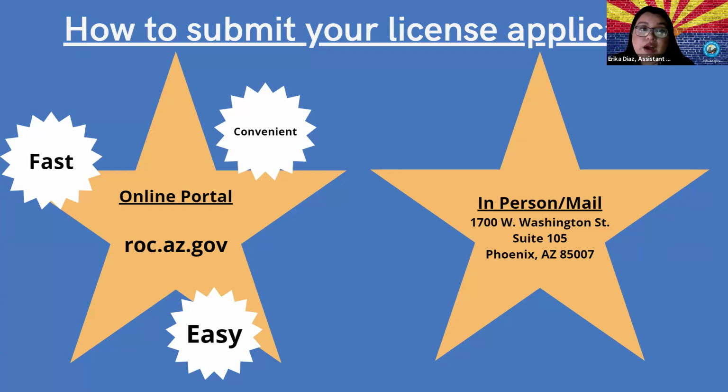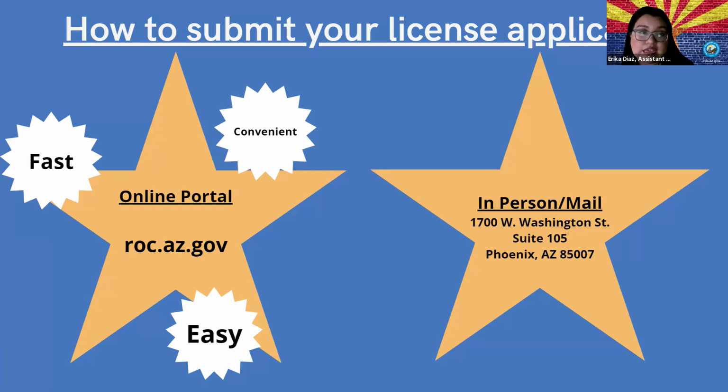You can always pause it and go back to it if needed. For any documents required for the application process, you have an option to upload them. You can scan them or take a photo of them and upload it as a file through our online portal. Again, it helps you make sure you're not missing anything.